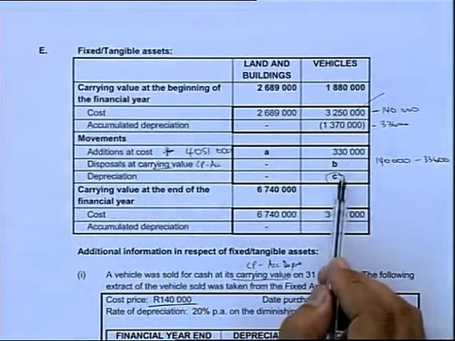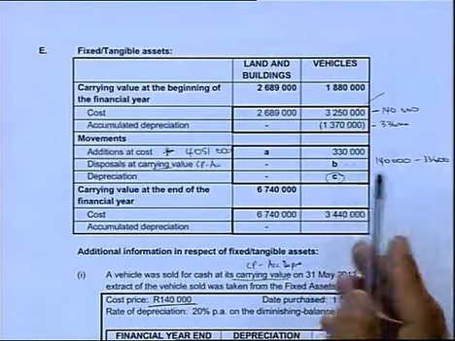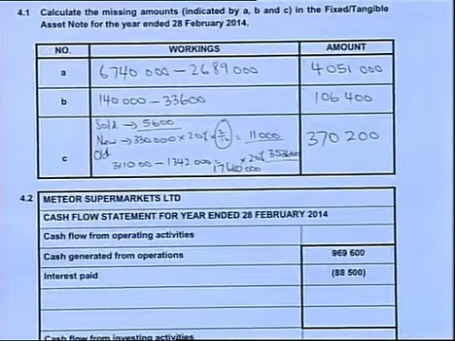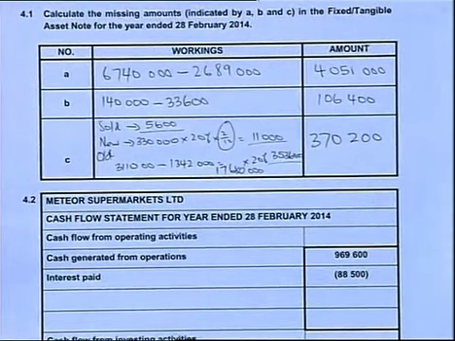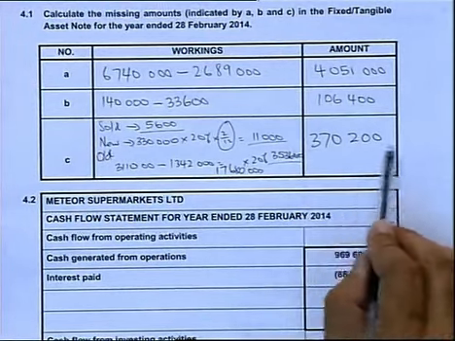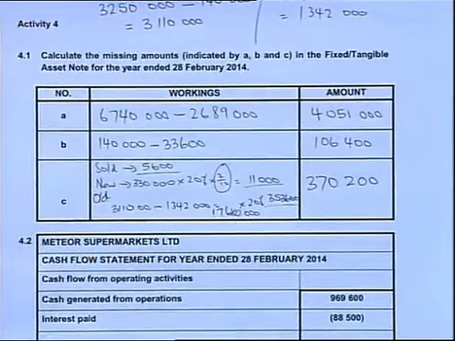That's the depreciation on all the vehicles. So it's going to be the depreciation on the sold, which is 5,600, the depreciation on the new, which is 11,000, and the depreciation on the old, which is 353,600. We add the three together, then we get 370,200.